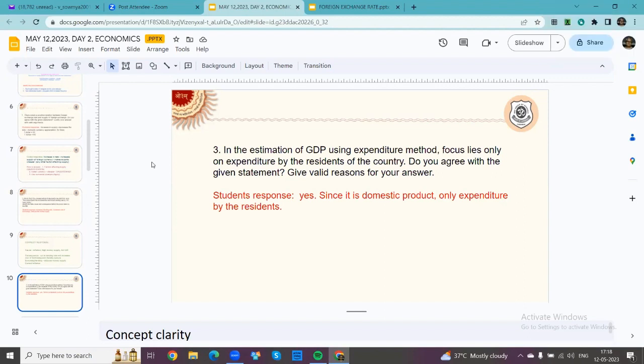Ma'am, first students have to explain, in their explanation, they may give a difference between who is a resident of a country and who is considered as a resident of the country. Based upon that, there may be some additional points for this question, ma'am.